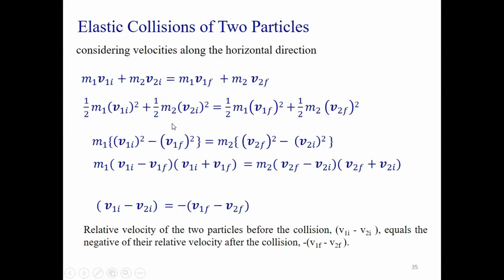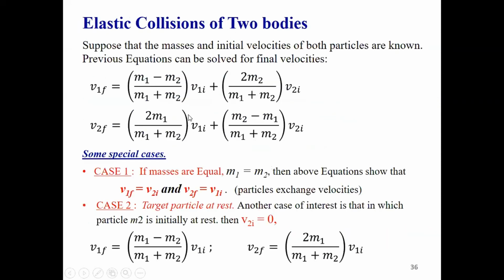The second equation is the kinetic energy conservation. With a little bit of manipulation, it will result as v1I minus v2I equal to minus times v1f minus v2f. The relative velocity of the two particles before collision is equal to the negative of their relative velocity after the collision. Suppose that the masses and the initial velocities of both particles are known, then from those two equations, we can have v1 final and v2 final in this form.